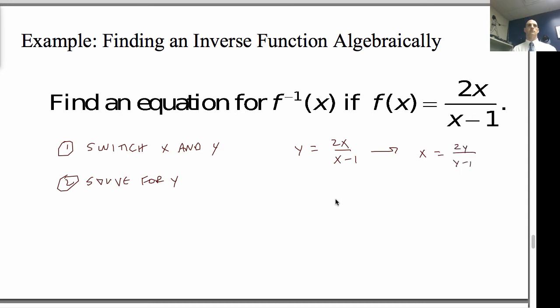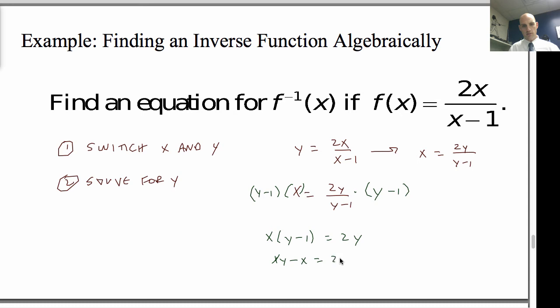So I make the x's y's and the y's x's. So when I solve for y, I've got x is equal to 2y over y minus 1. So I'm going to multiply by y minus 1 on both sides. x times y minus 1 is equal to 2y. And so what I'll do is I will distribute that. So xy minus x is equal to 2y.